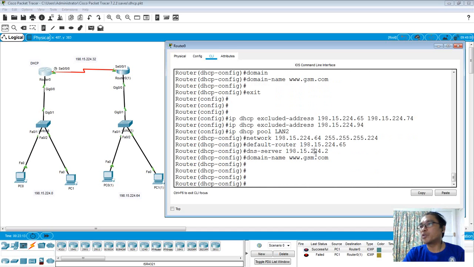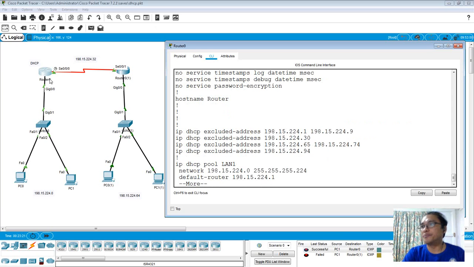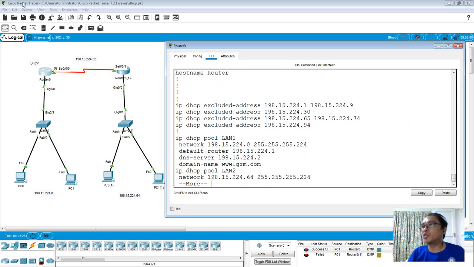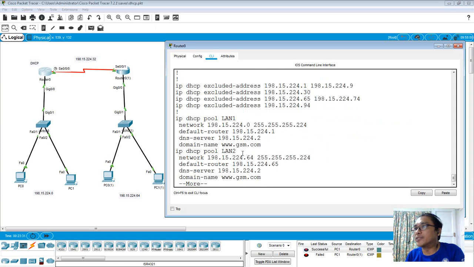So if we are going to show this router here, we can identify those commands we presented. Do show run. So if you look at that one, you have already the information pertaining to the LAN1 pool and the LAN2 pool.